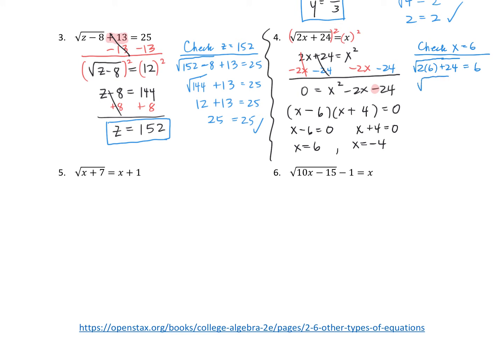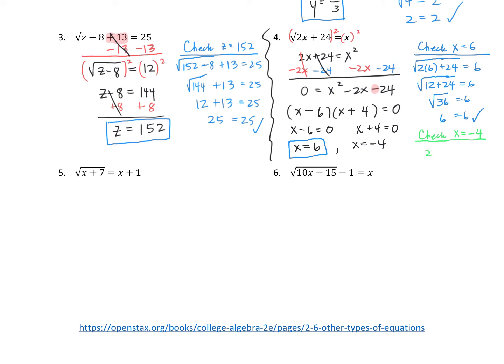So 2 times 6 is 12. 12 plus 24 is 36. And then the square root of 36 is 6. So 6 equals 6. That one works. So that's a solution.